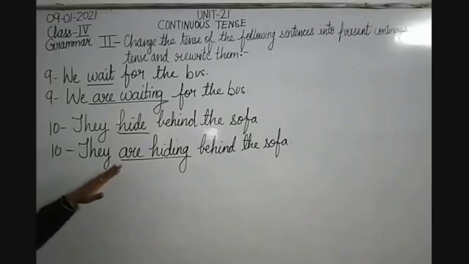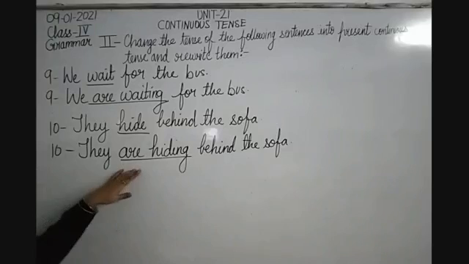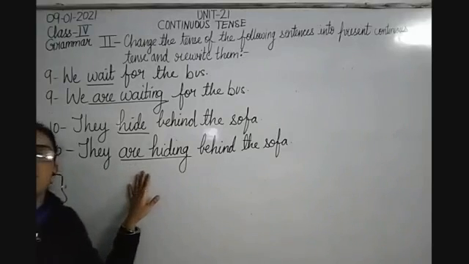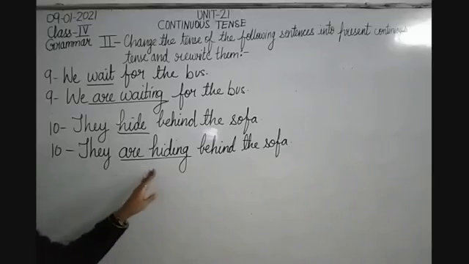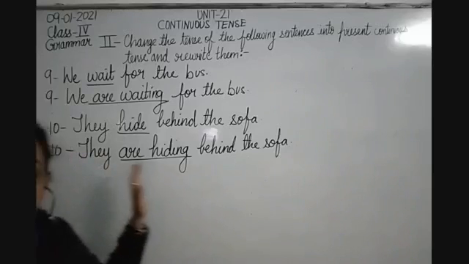So with this, children, we have finished the second exercise of unit 21, that is present continuous tense.